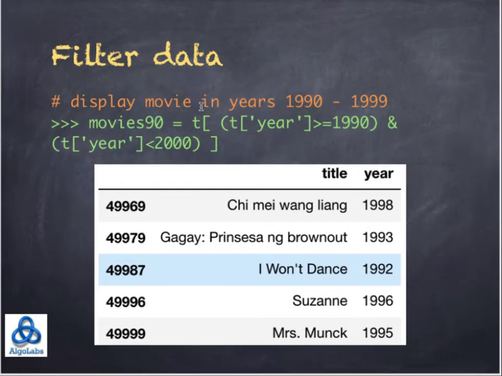We can also combine these conditions using Boolean operations. So here note that we use the ampersand for AND. So we say here give me all the titles whose year of creation was bigger than 1990 but smaller than 2000. So these are all the movies which were created in the 1990s.